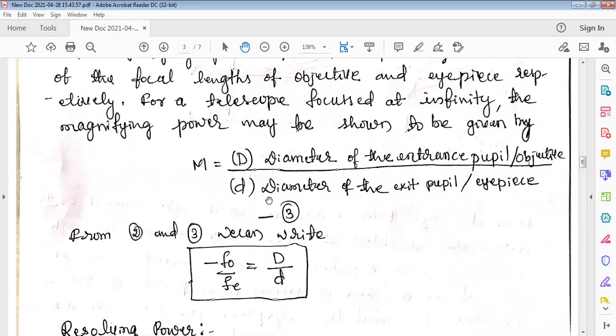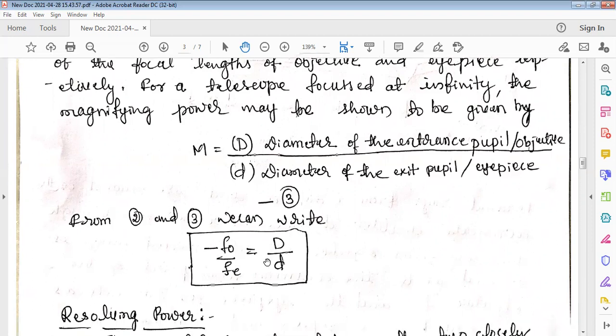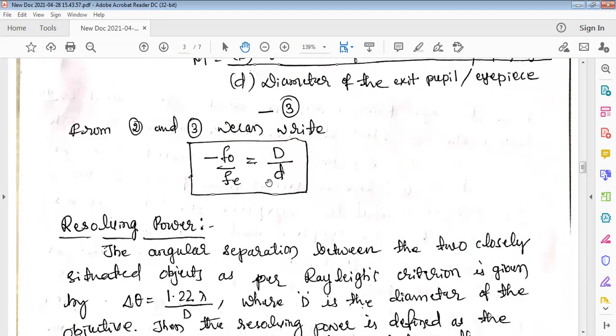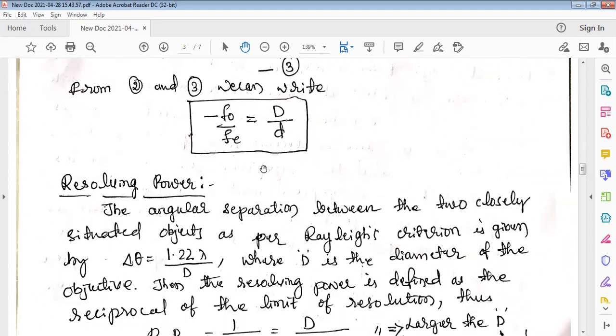So this is the ratio. Take this as equation 3 and you can equate equation 2 and 3. You will get this kind of equation: minus f naught by fe is equal to capital D divided by small d. Using this equation, some parameters of the telescope can be calculated.